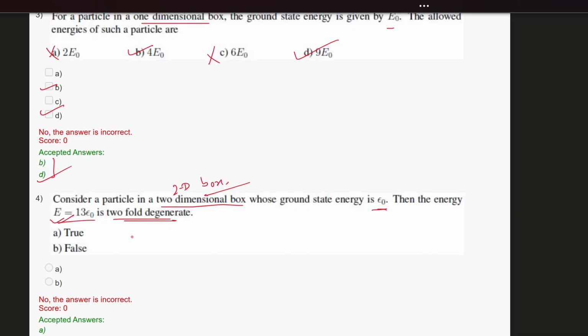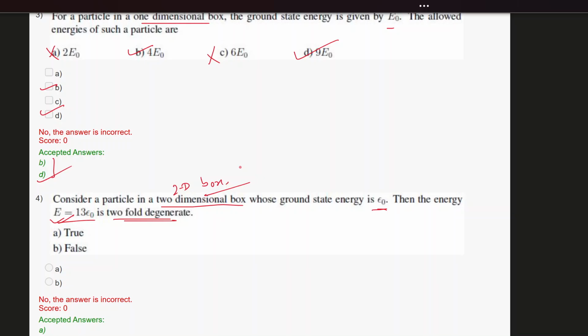First of all, degenerate means that when you have multiple states that are different from each other, different eigenstates, but they have the same eigenenergy. You have different psi1, psi2, psi3, all independent of each other, but all of them have the same energy, let's say E, then they will be called degenerate.